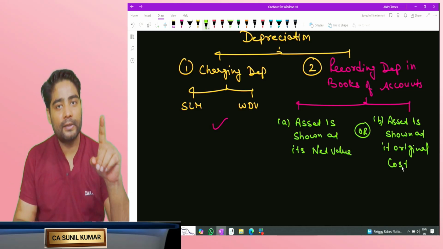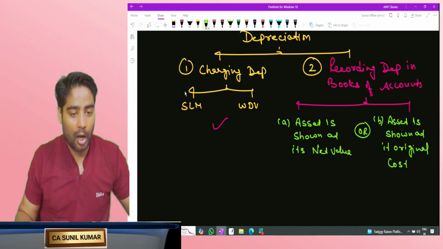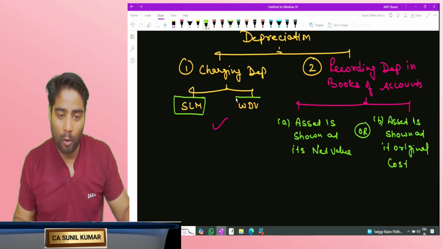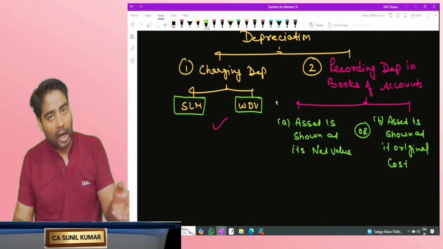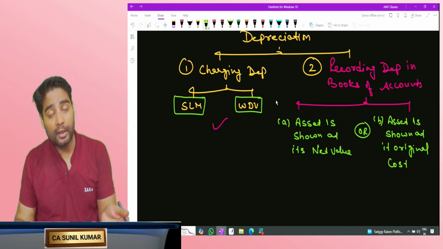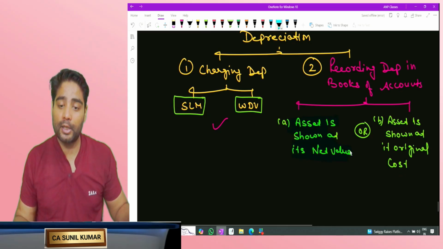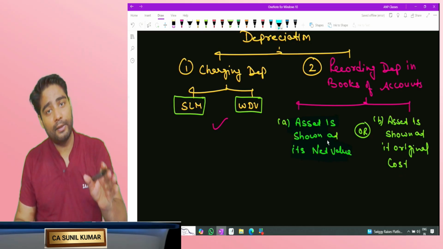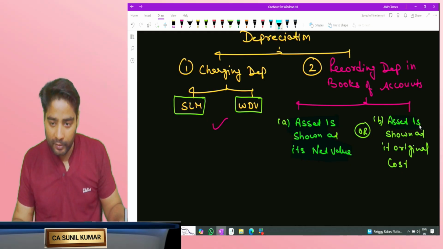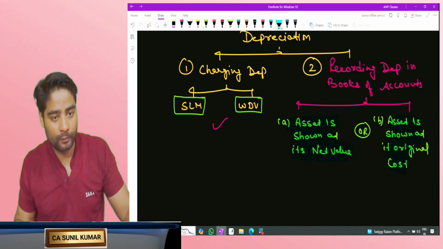So the first step is we calculate depreciation. How can we calculate depreciation? Sir, we can use the straight line method or WDV method. After calculating depreciation, the next step is how we can record it. Sir, we can show the asset at its net value, or at its original value.